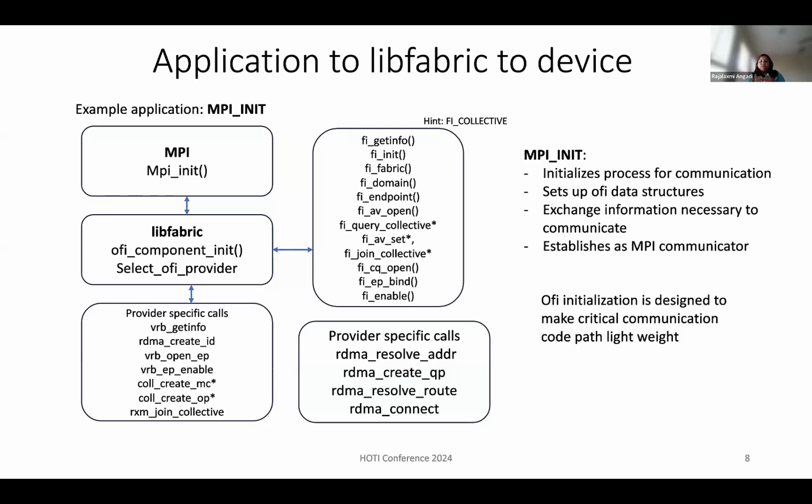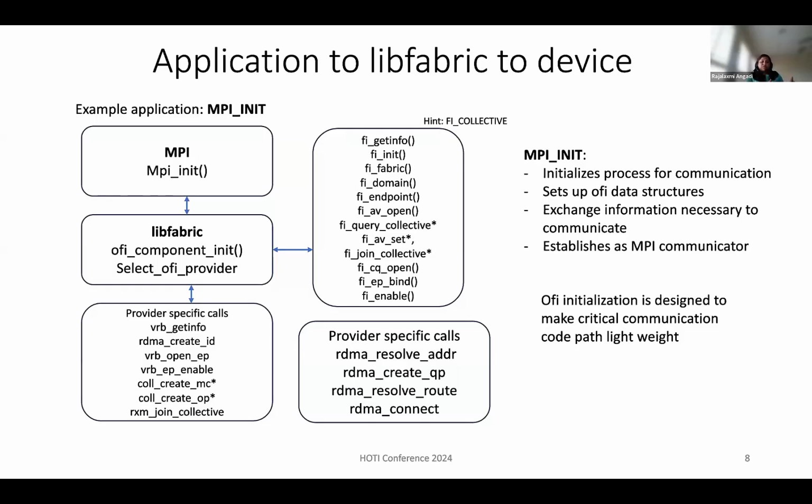The join collective occurs on the universe of this address vector. It basically creates a multicast group. And there are two ways to do join collectives.